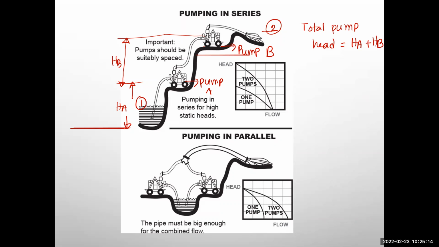HA plus HB, right? Now, are you seeing any other source of water after the pump A location? Is there any other source of water? There is not. That simply means they are carrying the same Q. So Q equals QA equals QB. Does that make sense for the pumps in series?